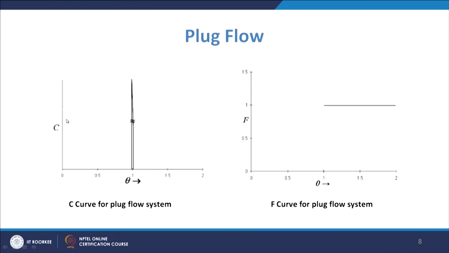In the case of ideal plug flow, all the fluid elements will spend a time equal to theta equal to 1. Theta equal to 1 means the theoretical mean residence time. So, at the theoretical mean residence time, all the tracer has come out.